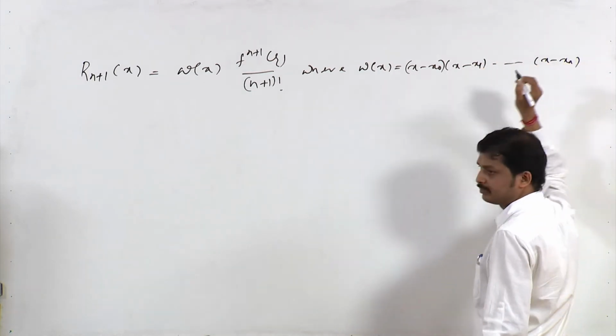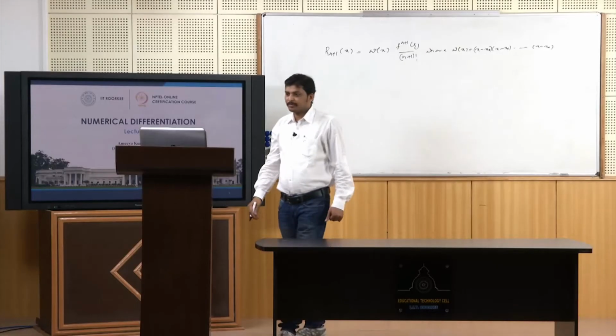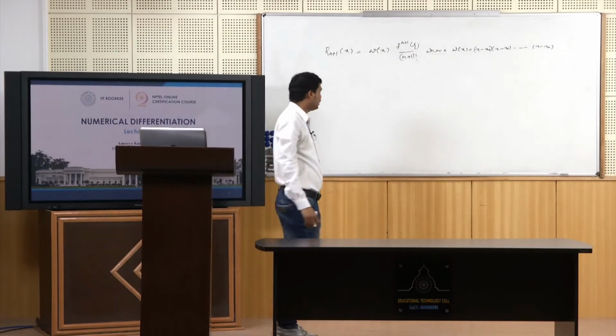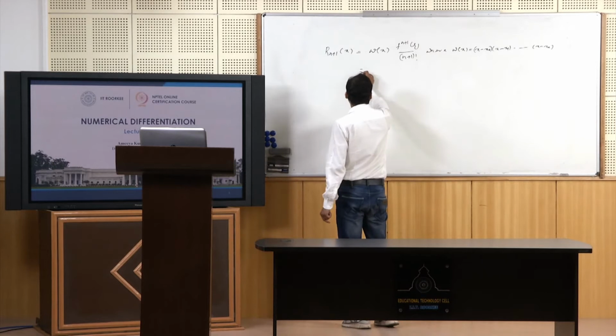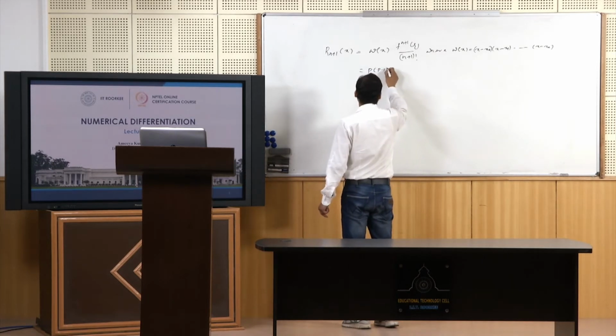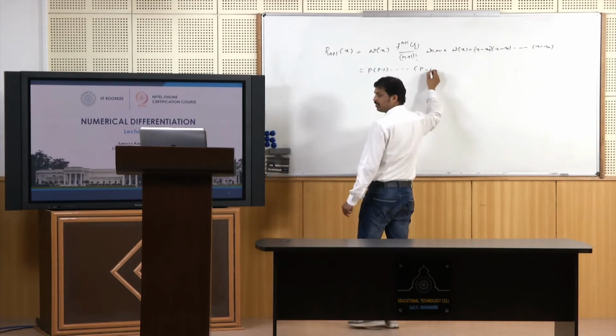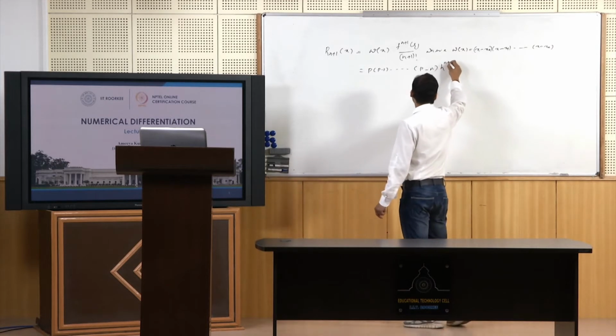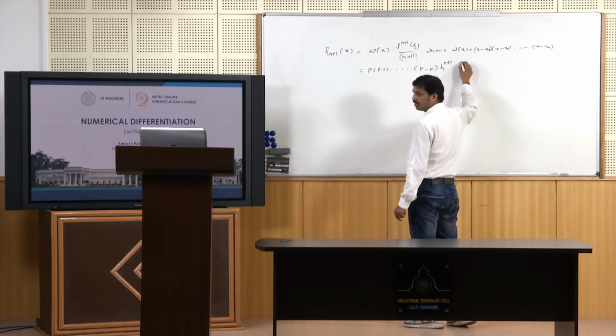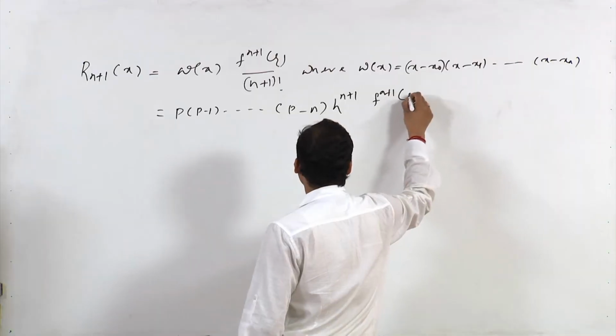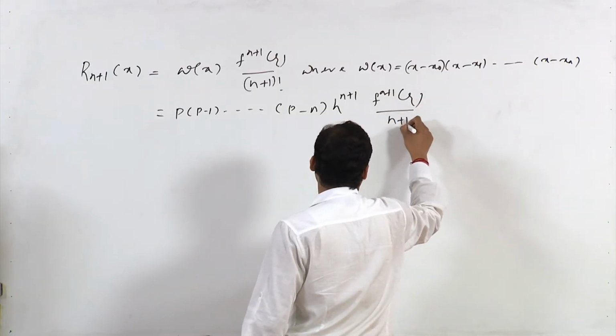In terms of p, it can be written as p into p minus 1 up to p minus n, h to the power n plus 1, and f to the power n plus 1 of zeta by n plus 1 factorial.